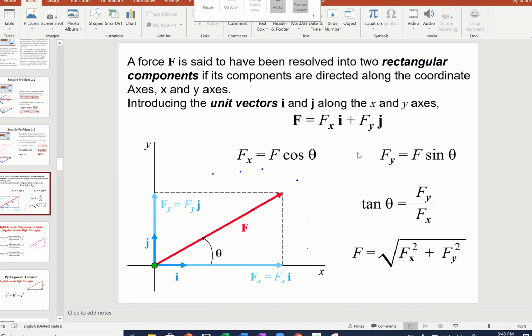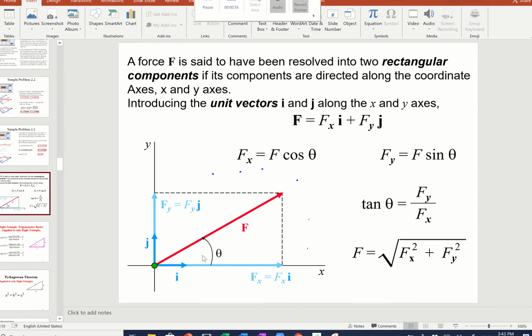Here, I invite you to look at the slides, a force F. This is one single force, just one F. We're learning the concept of how to decompose, basically break up, this one single force into two rectangular components, one on the x-axis and another on the y-axis.